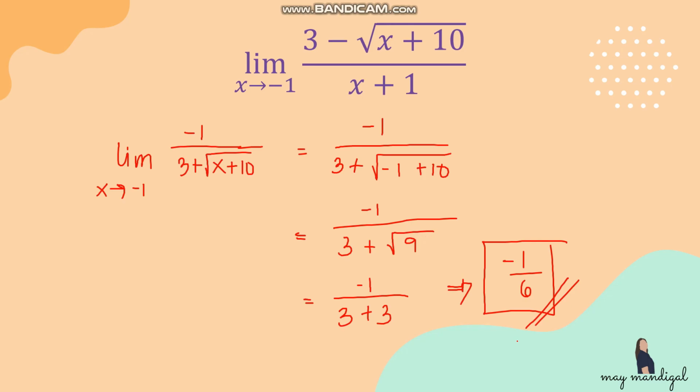One thing that we can also add is that if you substitute negative 1 to the whole original function, this will become 3 minus the square root of negative 1 plus 10 all over negative 1 plus 1. If you simplify this, this will be 3 minus 3 all over negative 1 plus 1, or 0 over 0, which becomes indeterminate.